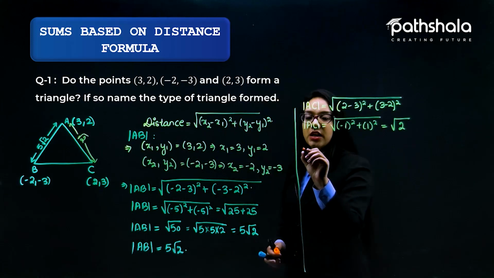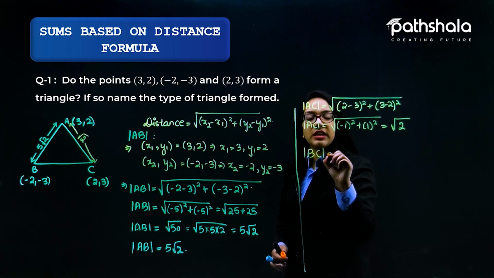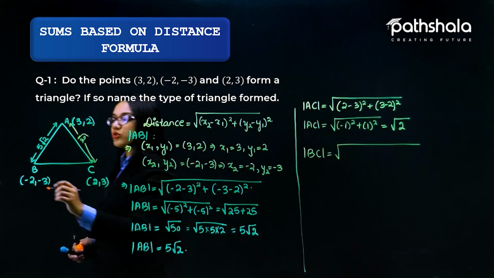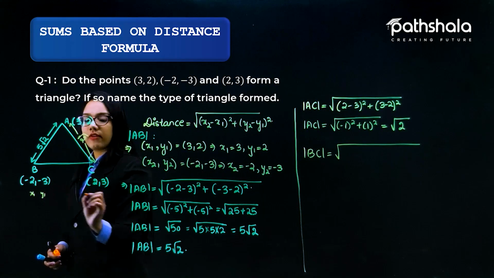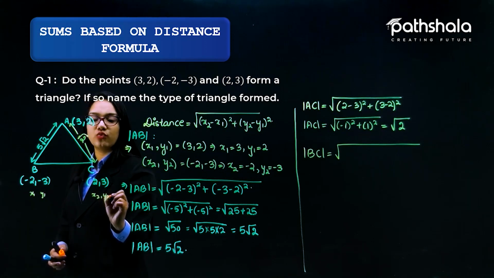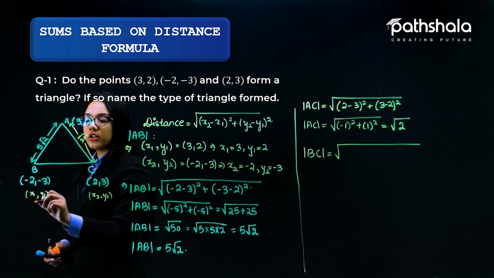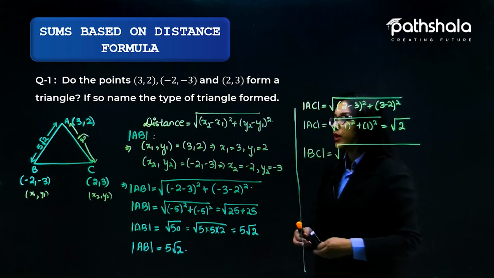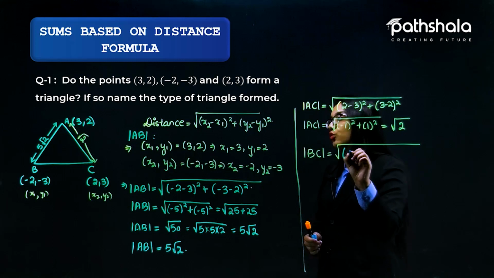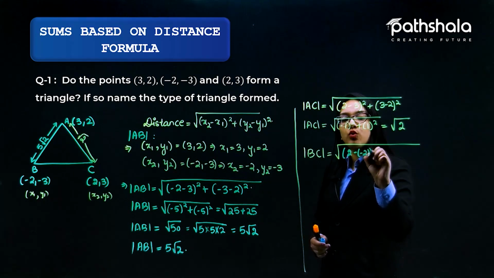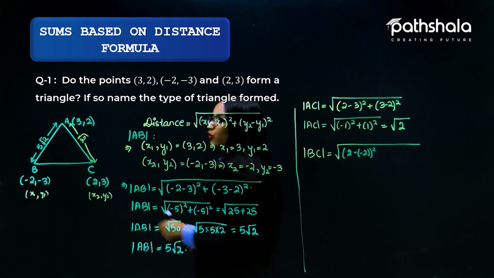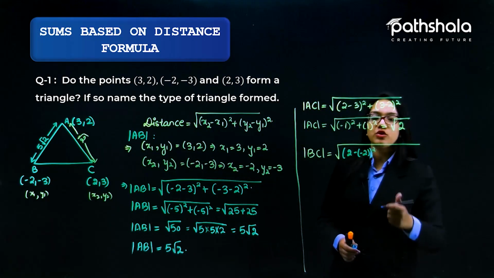What is BC? Let's state BC as the square root of (x2 minus x1) whole square. I am taking this as (x1, y1) and this as (x2, y2). Again applying the same formula, we get 2 minus minus 2 whole square, because x2 is 2 and x1 is negative 2.